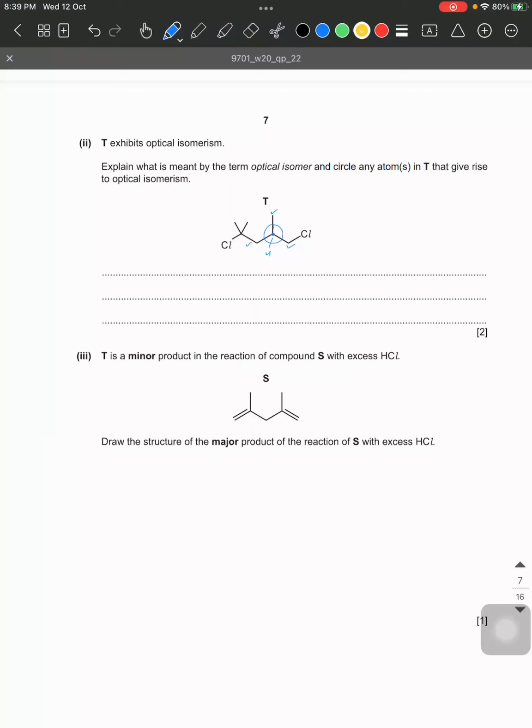If you want to write the definition of this over here, so you can say that optical isomers, what can you write as the definition? You can write that an isomer or a molecule which shows non-superimposable mirror images, right?